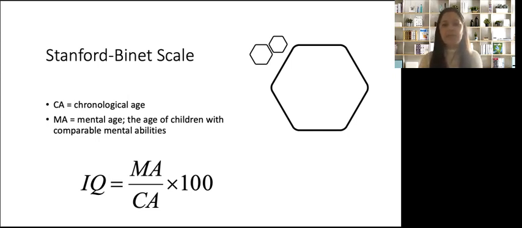CA is going to represent chronological age, and MA is going to represent mental age. Okay, so that's the age of the children with comparable mental abilities. Now, if a child scores a 100 on a test, their mental age is going to probably exactly match their chronological age, right? So they score 100, their mental age is 9, and their chronological age is 9 as well.